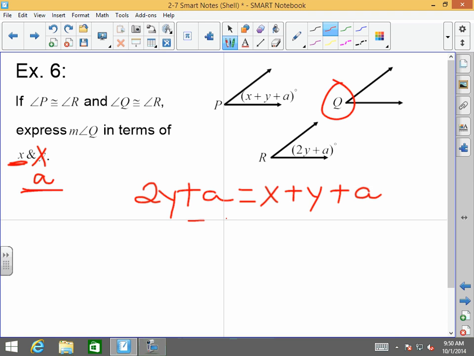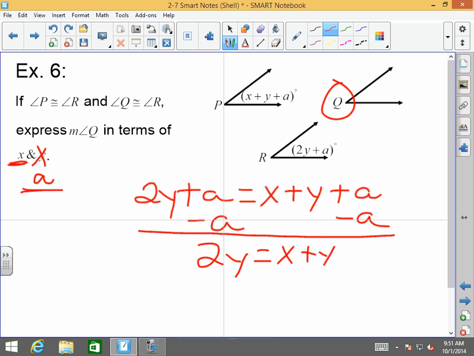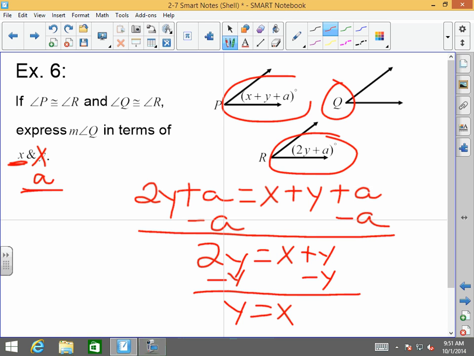I'm going to subtract a from both sides, leaving me with 2y equals x plus y. Then I'm going to subtract y from both sides, leaving me with y equals x. Now, I could either plug it into here or here. It does not really matter. Let's plug it into both, and you'll see that they both give me the same values.